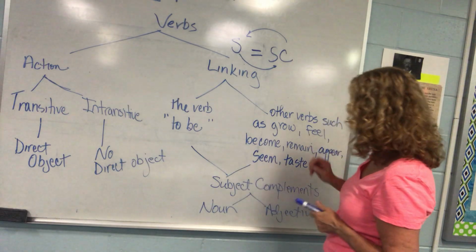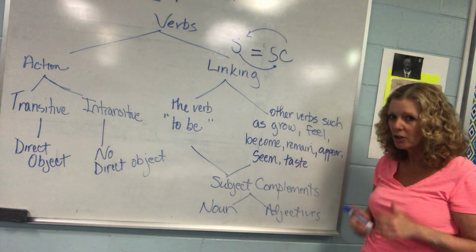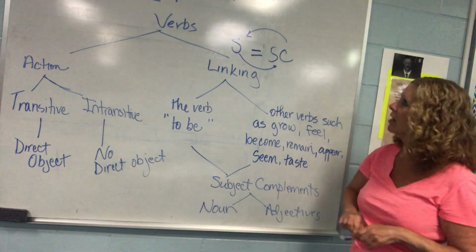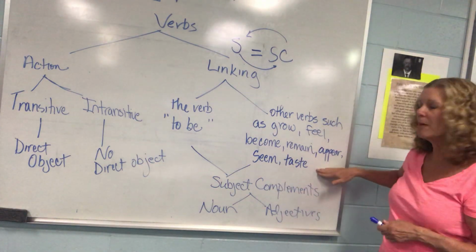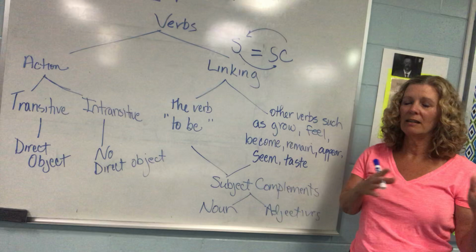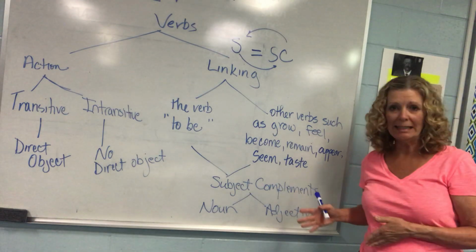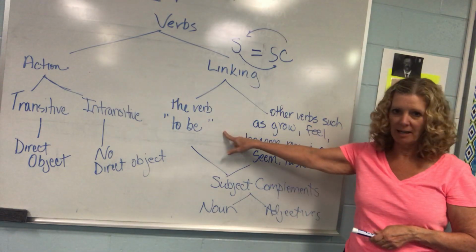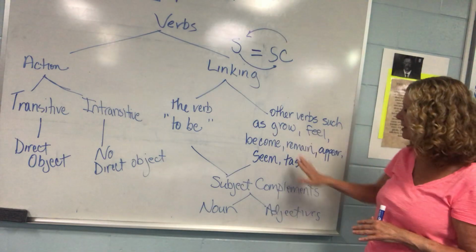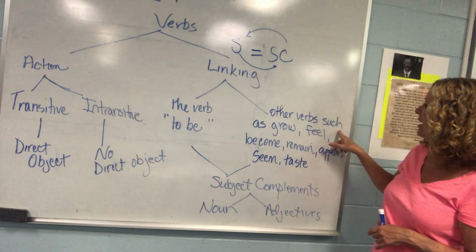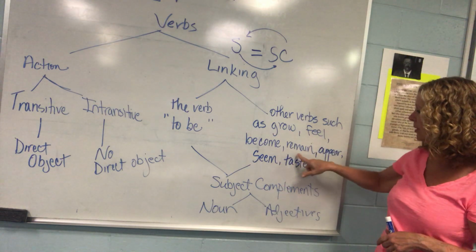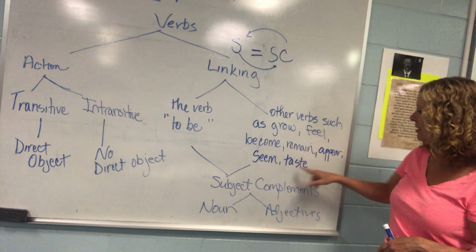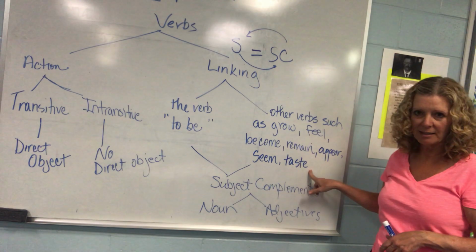Now, the only thing that is different that maybe you have not heard of, and it is in the book, it's on page 90, and I want to point it out to you, is that there are some verbs that can be action or linking. They're not verbs to be. There's a list of them in your book, and they are verbs such as grow, feel, become, remain, appear, seem, and taste.